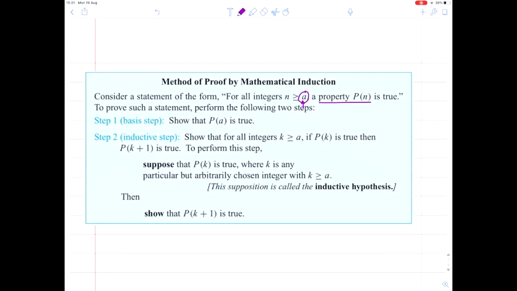You show that that case is true, and then you show that assuming that Pk is true, then Pk plus 1 is true. And this has to be the case for all integers k bigger than our base case. In order to do this, you assume that Pk is true, where k is any particular but arbitrarily chosen integer. And using that information, you show that Pk plus 1 is true.